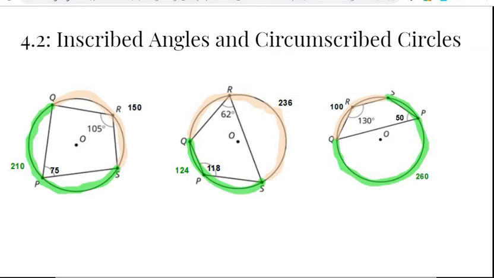If part of it is 210, the other part has to be 150 degrees. Then angle QPS for the first example would be half of the arc it's intercepting, so that would be 75 degrees. Please check your numbers for the other two. Make sure you got those correct and you understand what we're doing there.